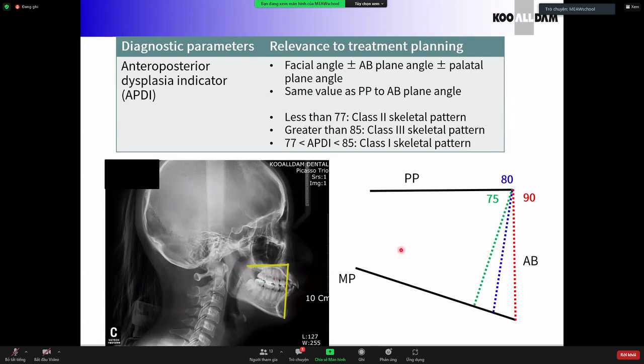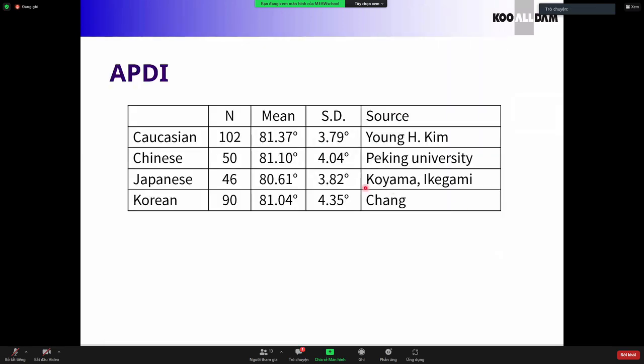We call this the AB maxillomandibular triangle. At that time, lesser than 77 means class 2 skeletal pattern. Greater than 85 means class 3 skeletal pattern. This is Dr. Young Kim's paper on APDI values in Caucasian, Chinese, Japanese, and Korean populations, and the mean value is 81.